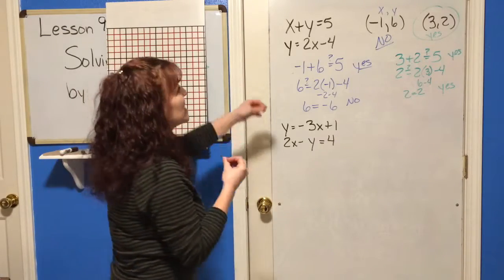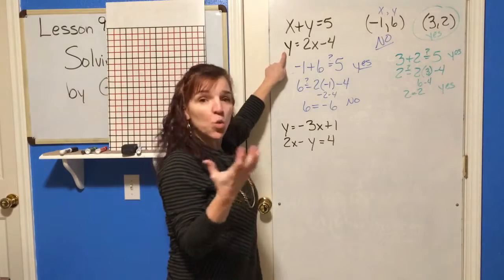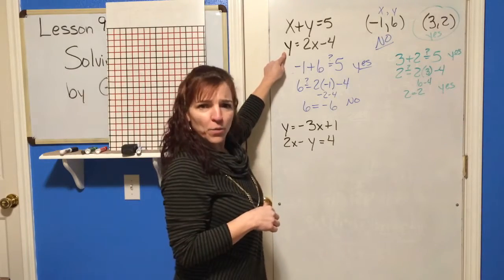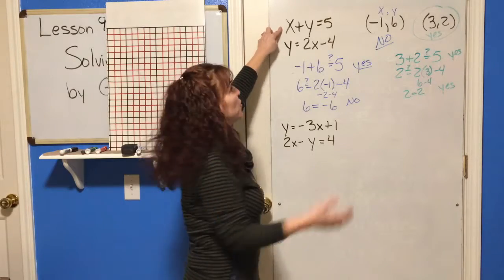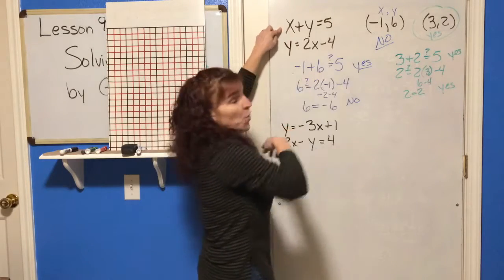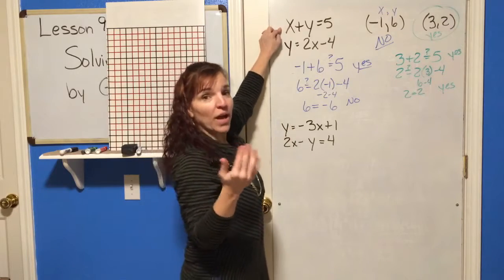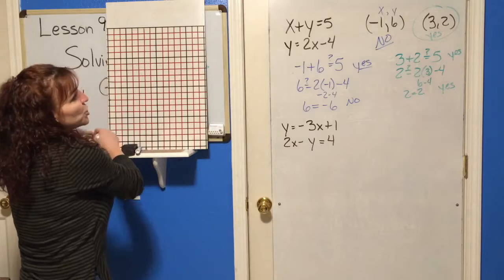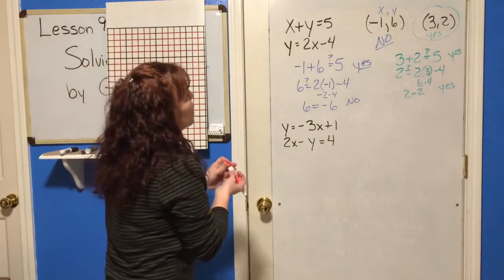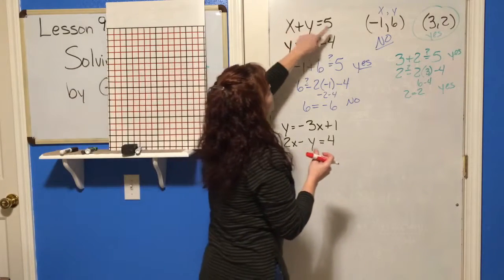A hint is, if it's already equal to y, I would use the y equals mx plus b form. For this one, you can choose. If you want to subtract x, and there you go, it's y equals mx plus b, do it that way. If you'd rather put your zeros in, let's show you how to do it. x plus y equals 5.